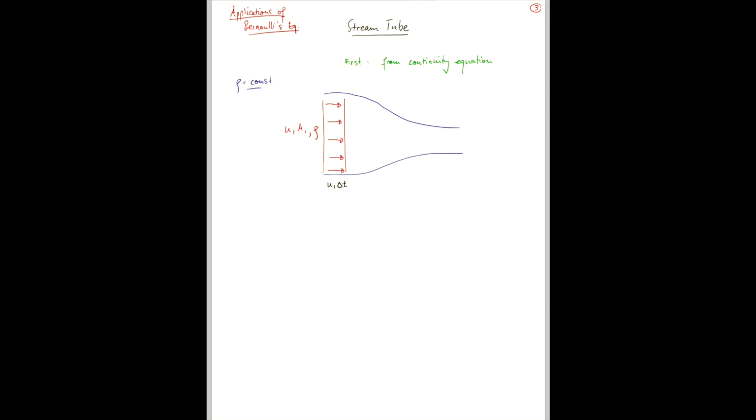Then the distance that this water travels is u1 delta t. Now that is at the inlet.